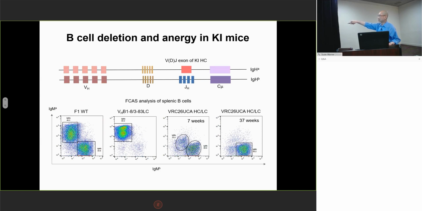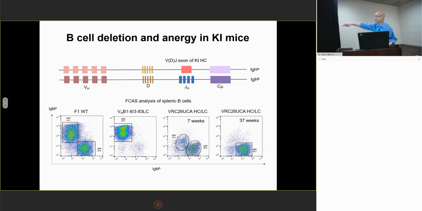Here is an example of a knock-in mouse for a bnAb, VRC26, which is a bnAb against the V1V2 region at the apex of the envelope. In the young mouse, at 7 weeks, you already see most of the B cells express the B allotype mouse antibody, very different from the knock-in of a mouse antibody.